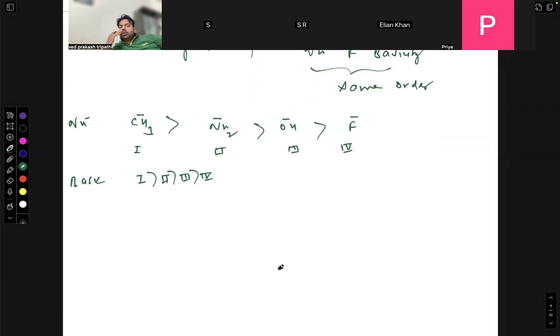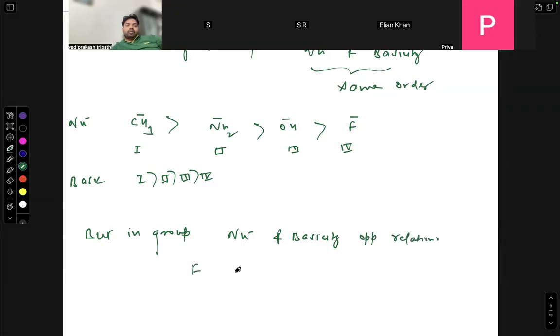Because there is not much difference in the size once you are moving left to right. Size remains the same. But in a group, nucleophilicity and basicity have an opposite relationship. Opposite relationship.